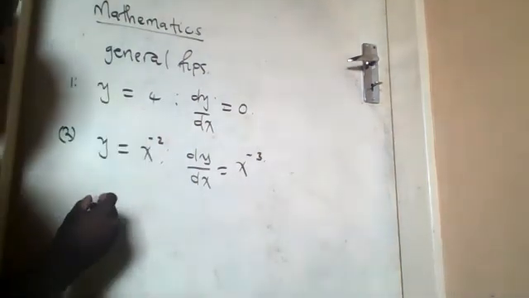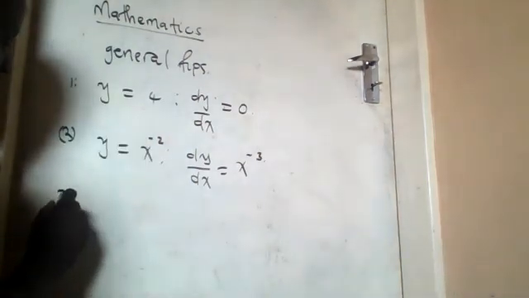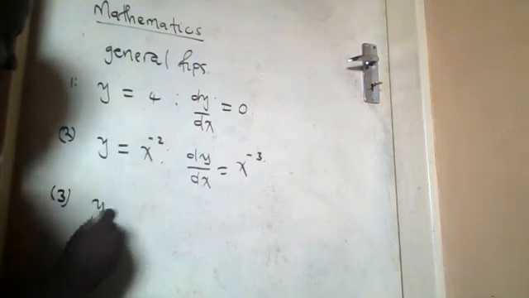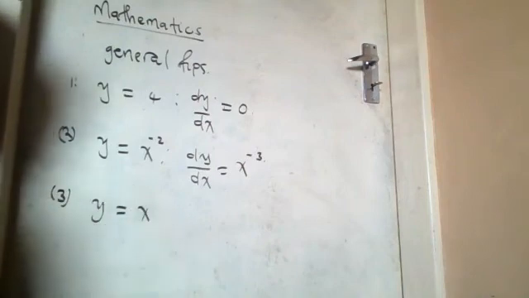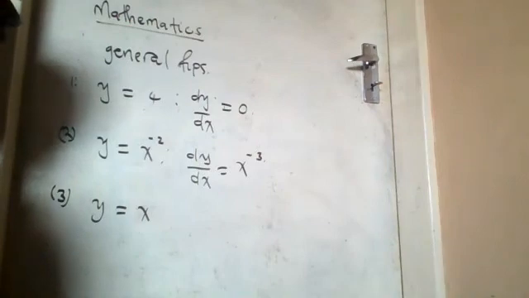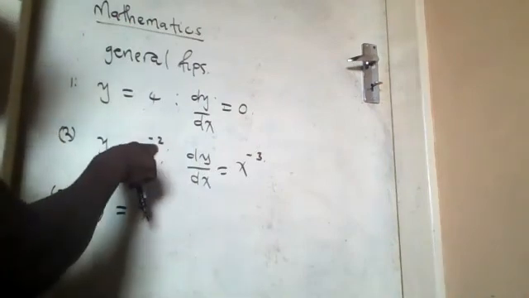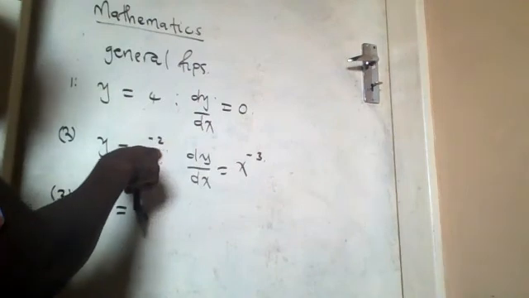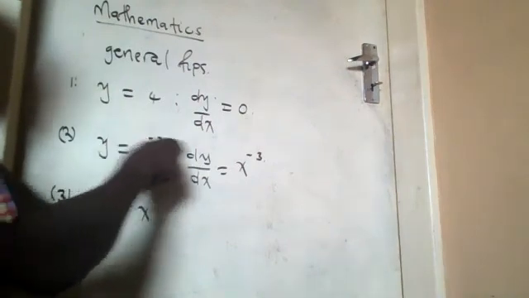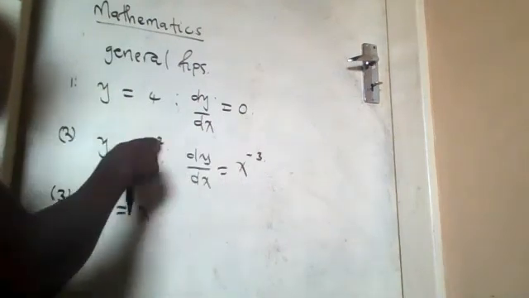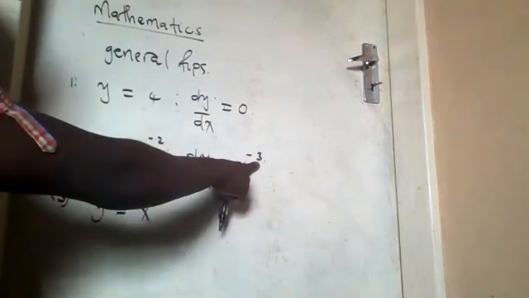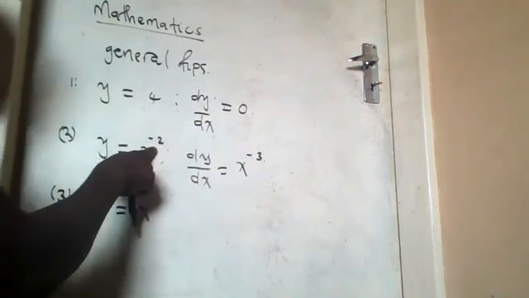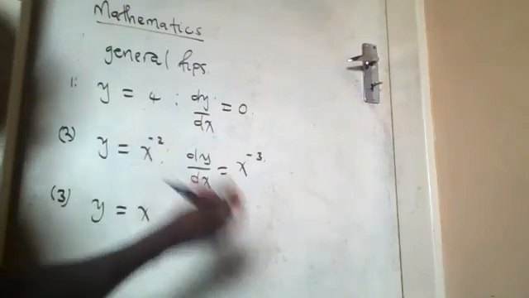And when you have the third one, does it reduce or increase by 1? When the power is negative, it has to reduce, because -2 is bigger than -3. So this one is smaller than this, according to the number line.